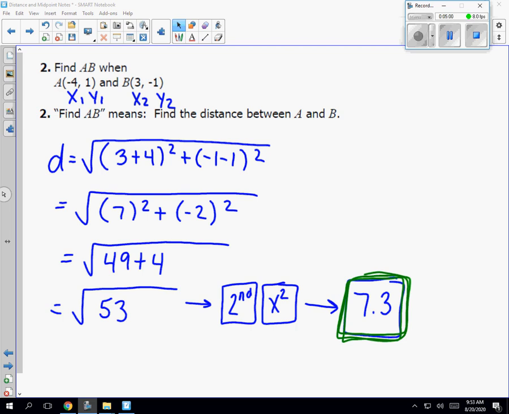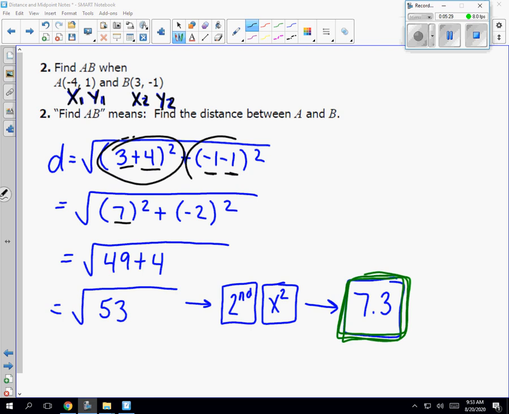All right, so here's the answer. I labeled my x1, y1, x2, y2. I plugged them into my formula, so I have x2 minus x1, but since 4 is a negative, it turns into a positive, squared, plus my y2 minus my y1. I do my parentheses first. So I do 3 plus 4, which is 7, and then negative 1 minus 1, which is negative 2.